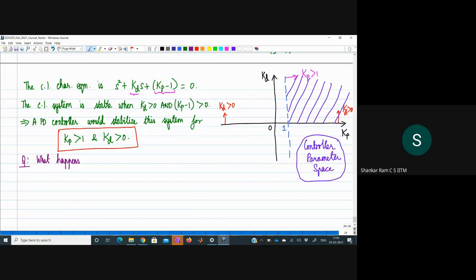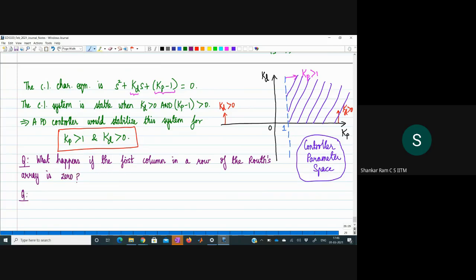So what happens if the first entry, or the first column in a row of the Routh array, is 0? That is question number 1.